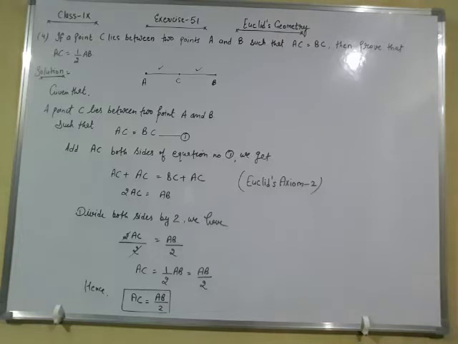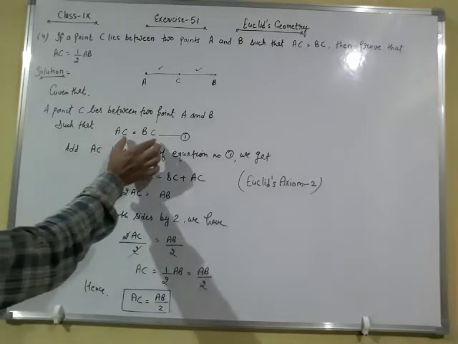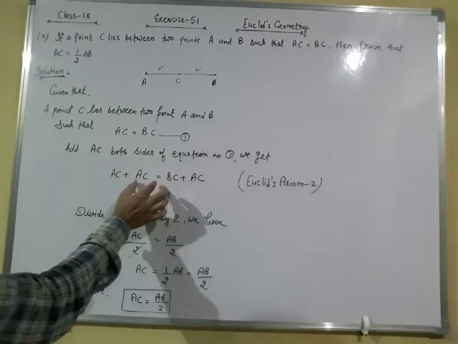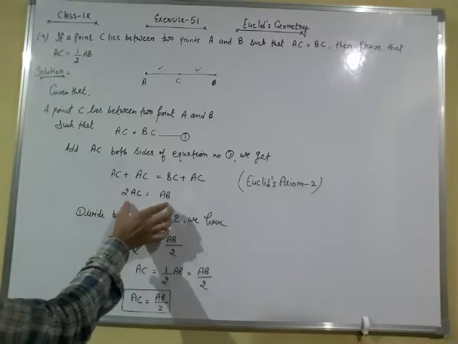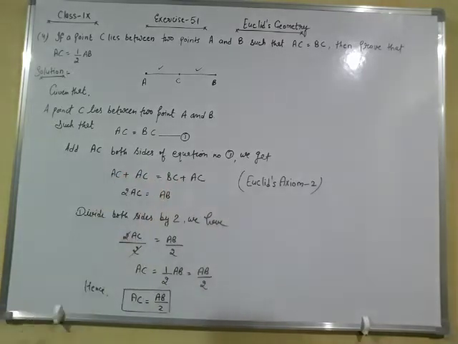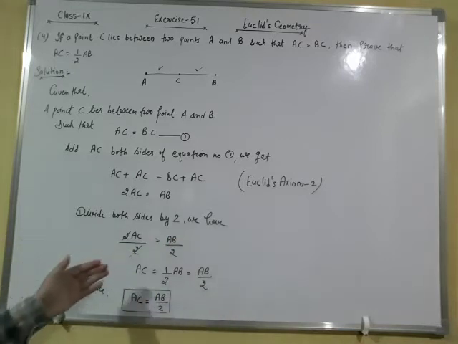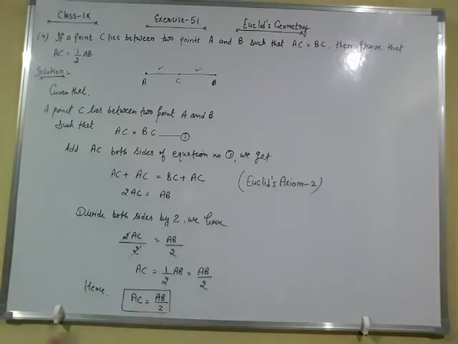If equals are added to equals, the wholes are equal. Therefore AC and BC, these are two equal things. We have added AC on both sides, so that AC plus AC would become 2AC and BC plus AC will become AB. And after dividing it by 2, because in both the sides we can divide by the same quantity, so AC is equals to half of AB, which we have to prove.